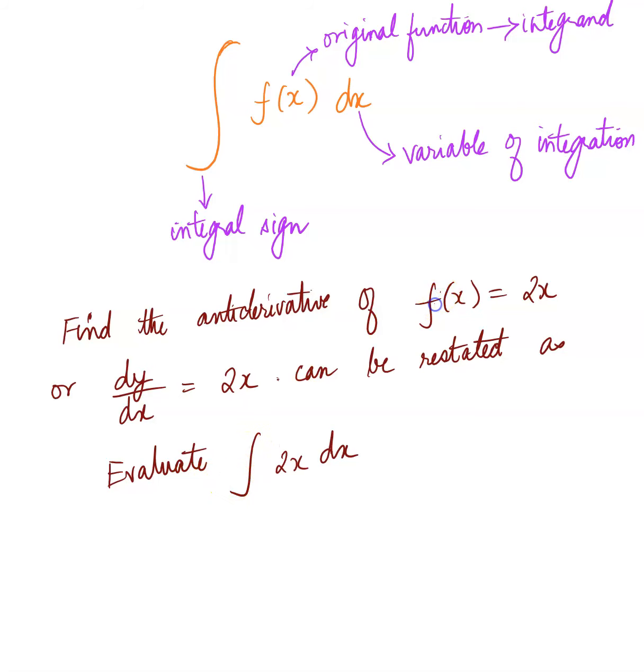So the difference in these notations, f of x or dy over dx, is removed in the sense of using the indefinite integral, and this implies the answer will be x squared plus c, because no matter which notation we used, the answer should be the same because they're all antiderivatives.